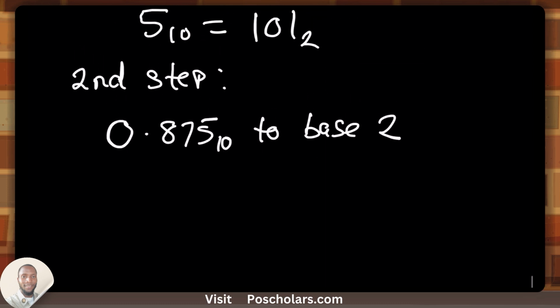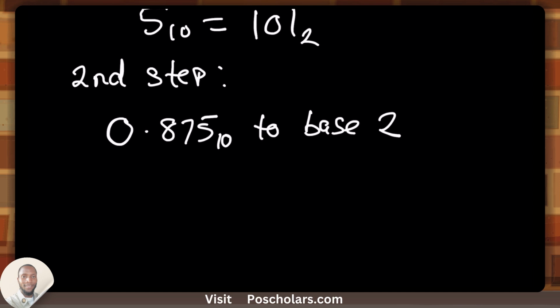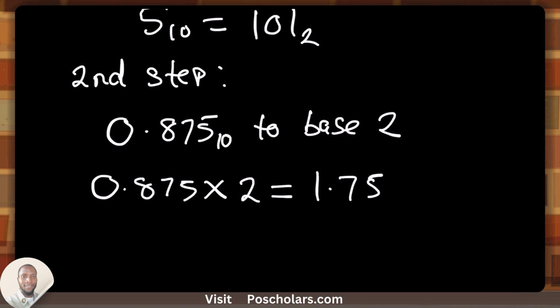You simply multiply the decimal part by the required base, right? As you already know, the decimal part here is 0.875. So we'll say 0.875 times what's the required base? 2. What do we have? We have 1.75, right?